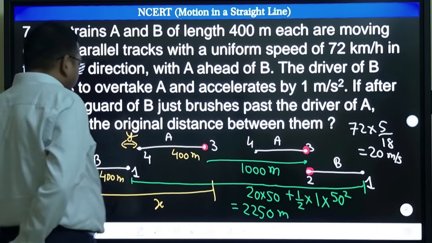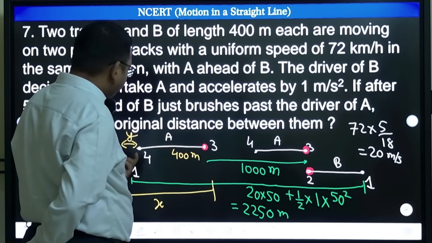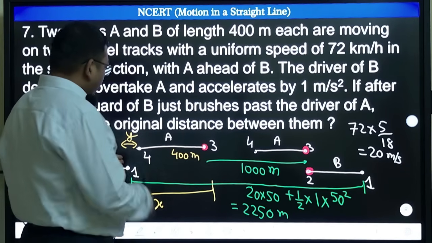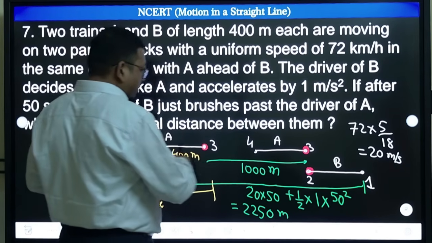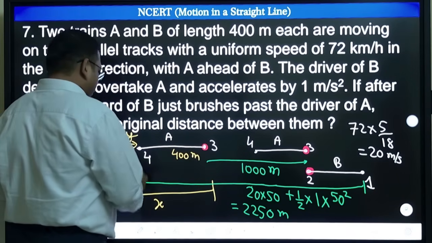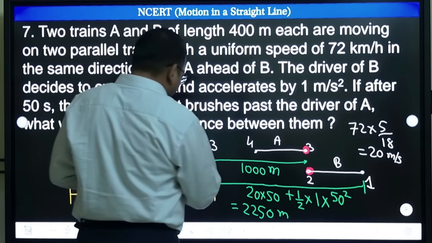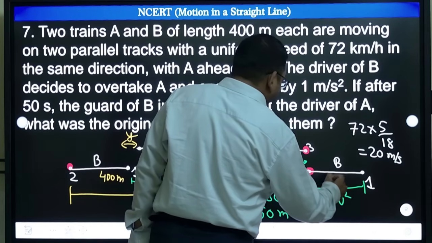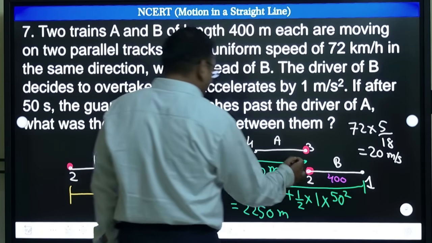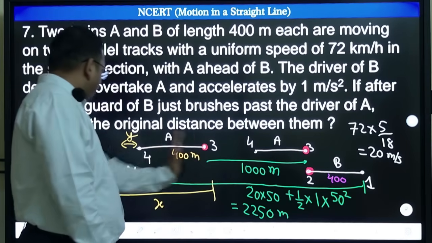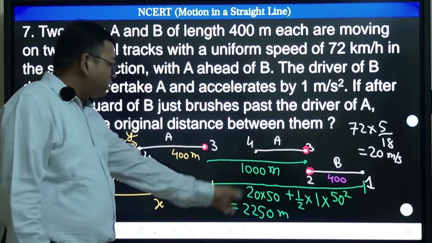Okay, now you need to find this y. How can we calculate y? Note that we can do this calculation of y, because from here to here you can measure the distance. How much is it? Just check that. This is already 400, this is already 1000, this is already 400, correct? So 400 plus 1000 plus 400, right? This is the distance from here, and from 1 to 1, that is 2250.